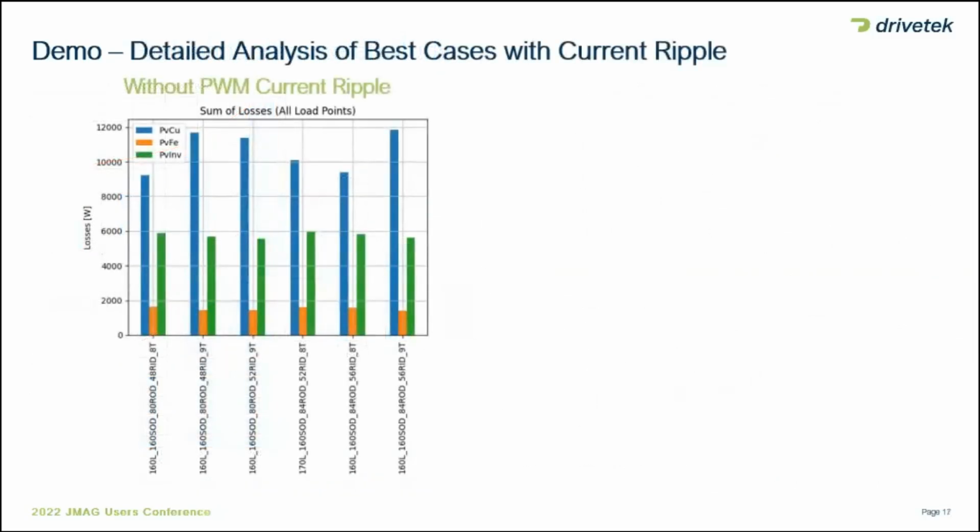Just an additional note, up until this point, for the demo project, we didn't consider PWM current ripple, but to be honest, usually it has a very, very high impact on our final design. If you just look at the results of the study without the current ripple, we would determine design number 1 to be the best of those 6 selected designs.